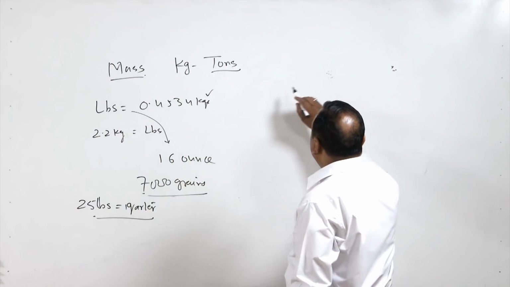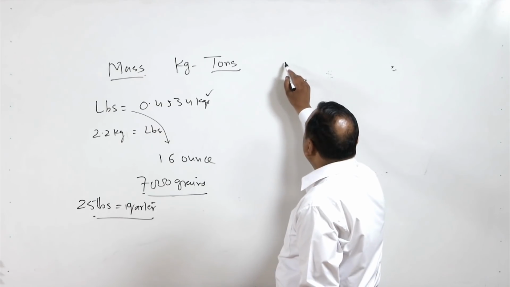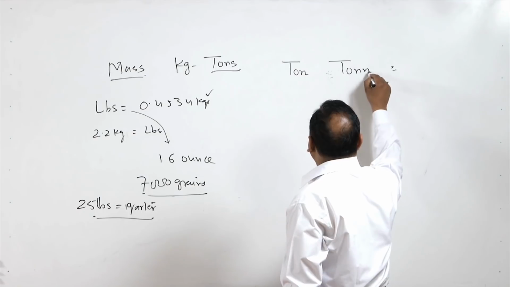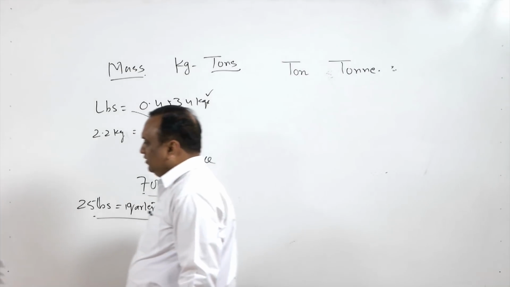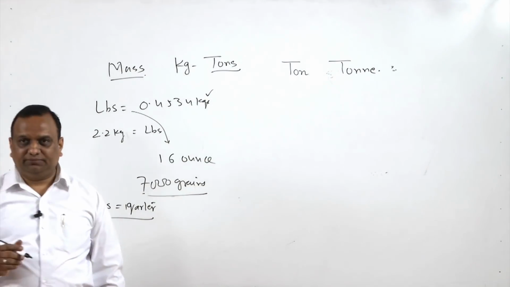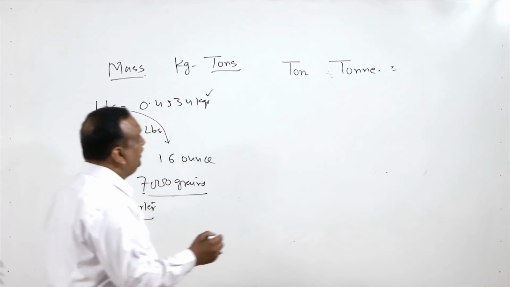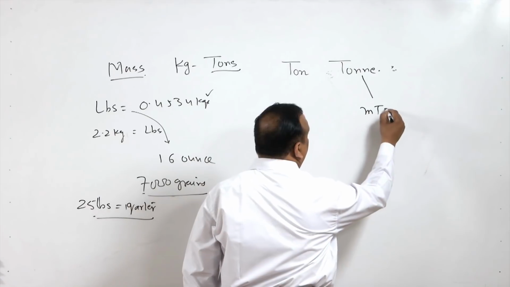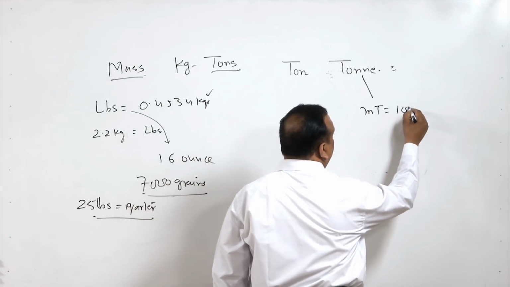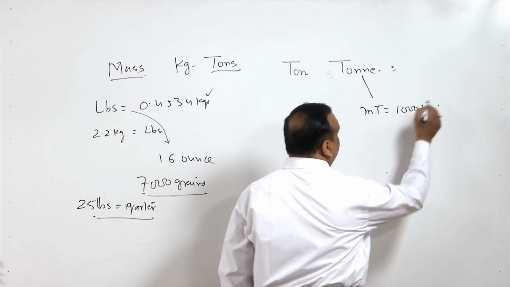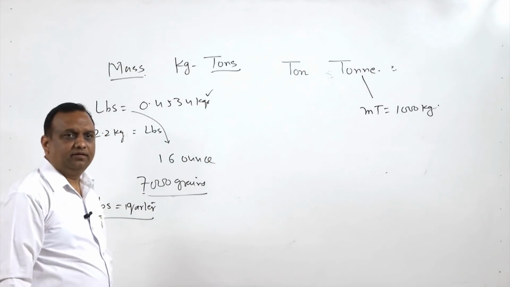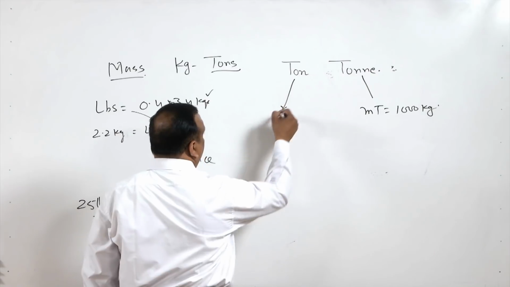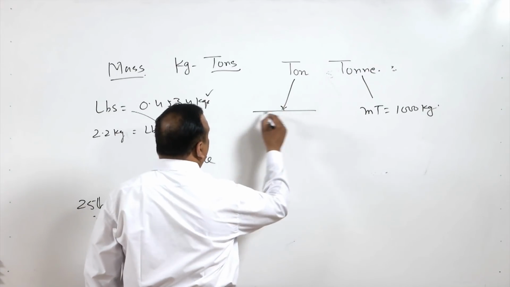Now, there are two types of tons. One is TON, another is TONNE. Both are not the same. This TONNE is the metric ton, and it is equal to 1000 kgs. Now this ton again has two parts.